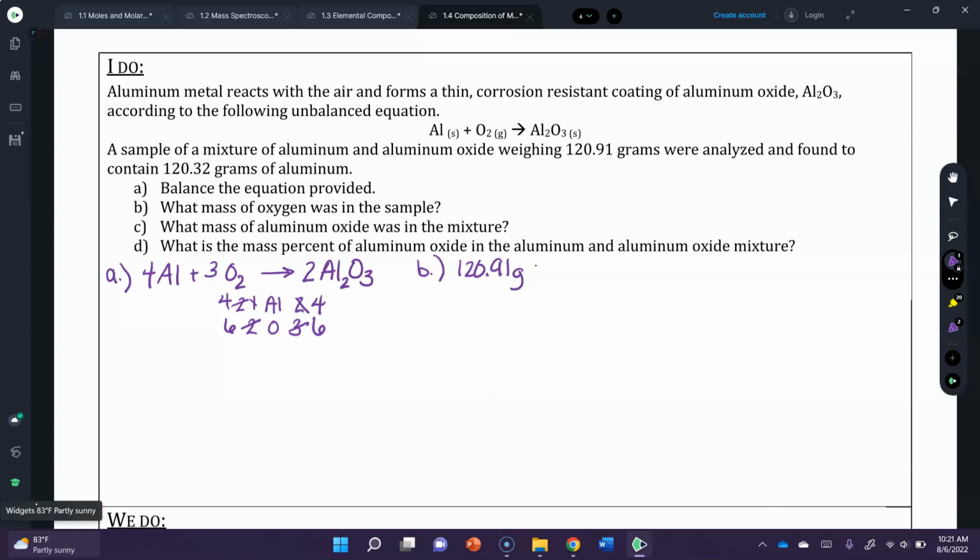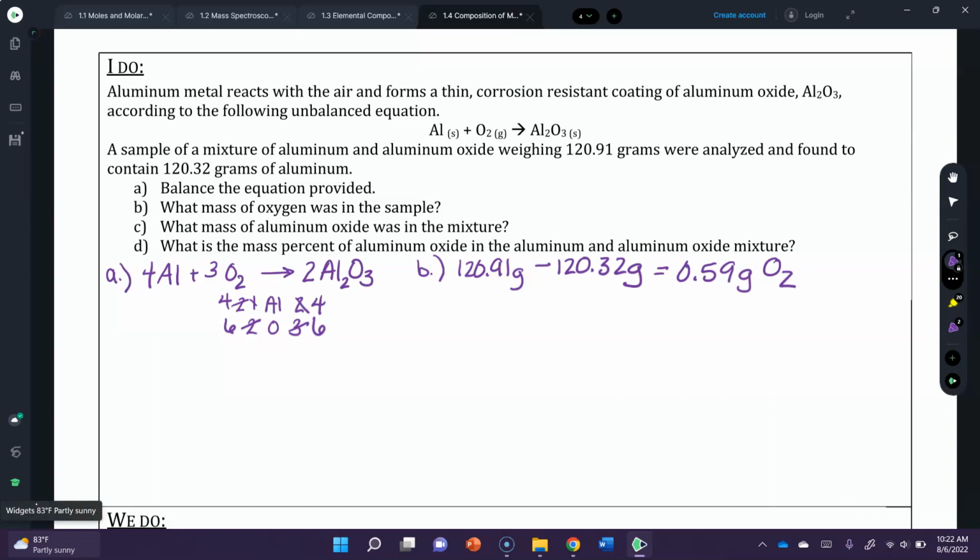And I know that the aluminum component of that was 120.32 grams. So I know what the total mass is and what the mass of just aluminum is. So I can subtract the 2 and find out the total mass of just oxygen. And so that is 0.59 grams of oxygen, and that's O2.